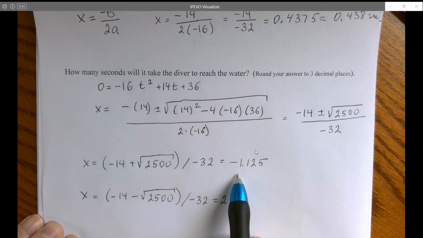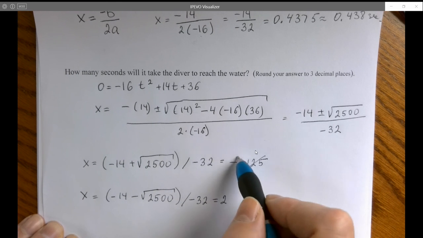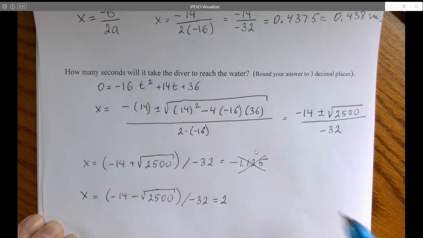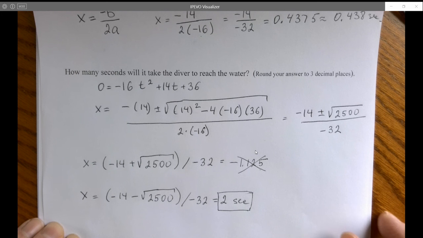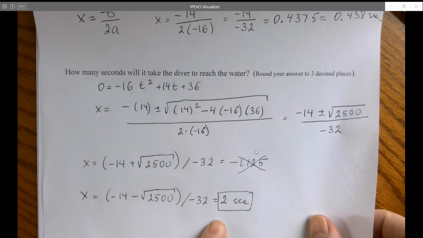In real life, time can't be negative, so we will eliminate this answer, and 2 seconds is your final answer. It means in 2 seconds the diver will reach the surface of the water.